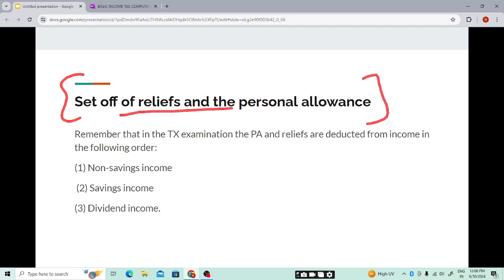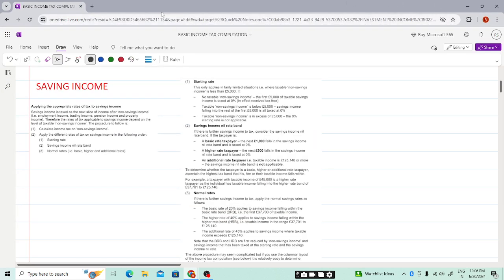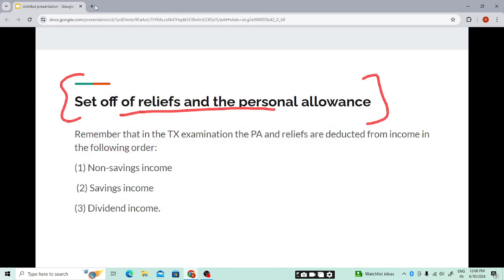Set off of reliefs and the personal allowance. As we had discussed in chapter 1, how will our personal allowance and reliefs be set off? There was an order, you need to follow that order.